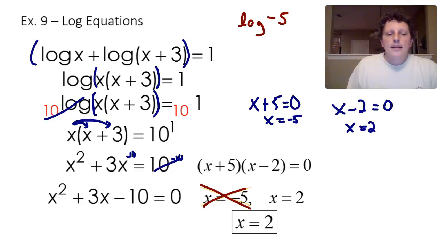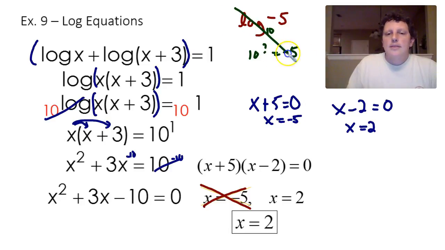And the reason is, remember that this log has an understood base of 10. And if I wanted to know the value of this, I'm really asking 10 to what power is equal to negative 5? Well, you can't raise 10 to any power and get a negative answer. There's just no way. It's not going to happen. It's impossible. It's not going to work.